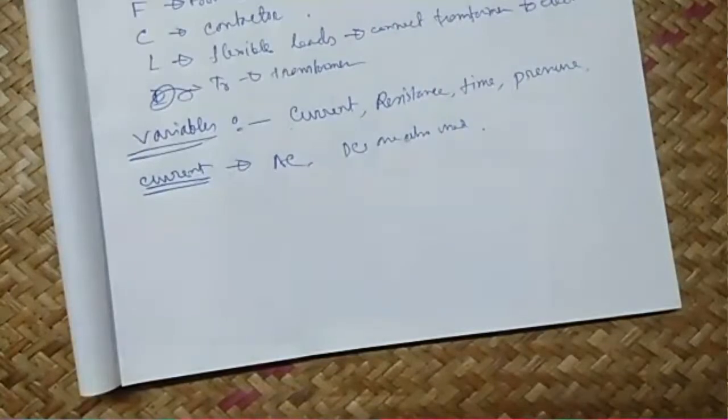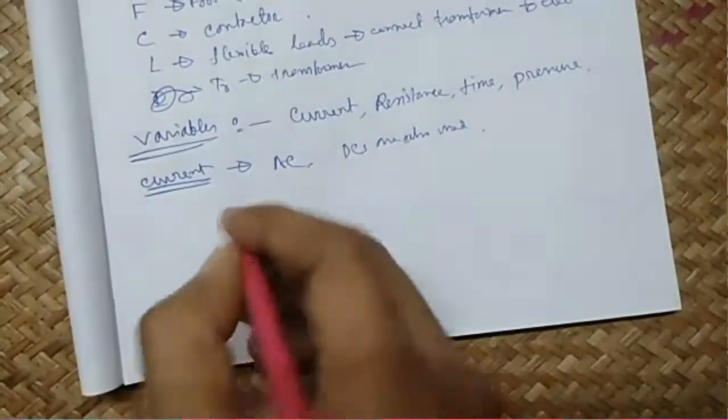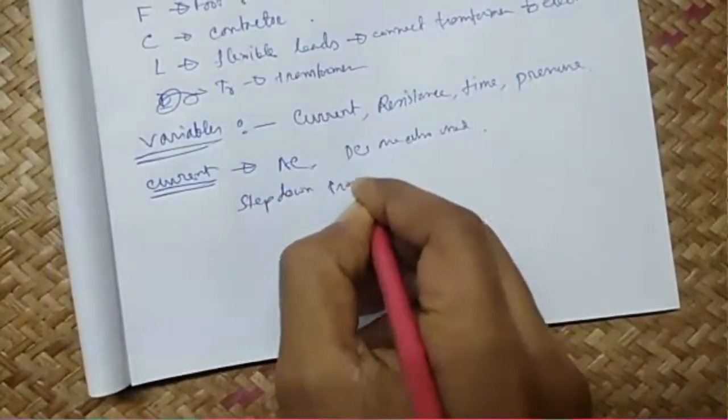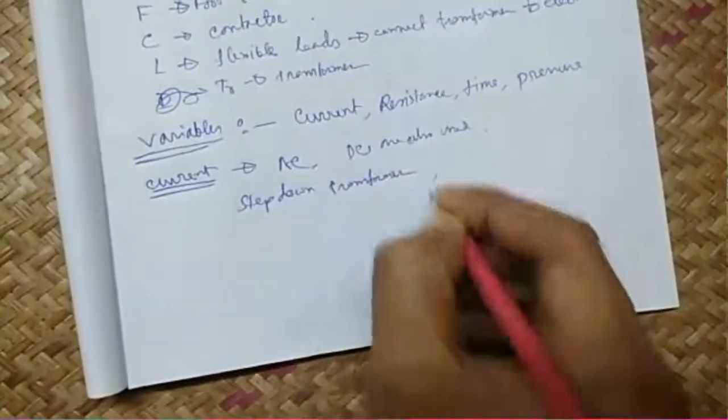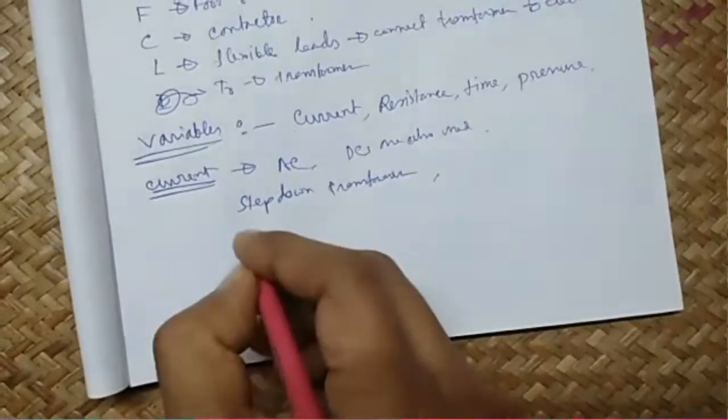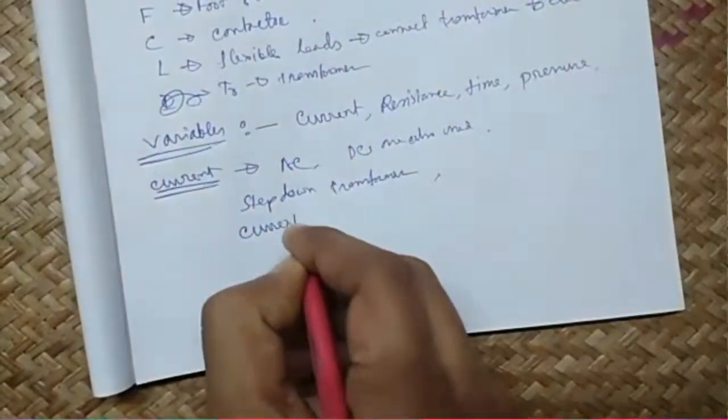You need to use a step down transformer to reduce voltage and get higher current. The current is controlled through the taps on the primary coil of the transformer. Okay, so current is controlled.